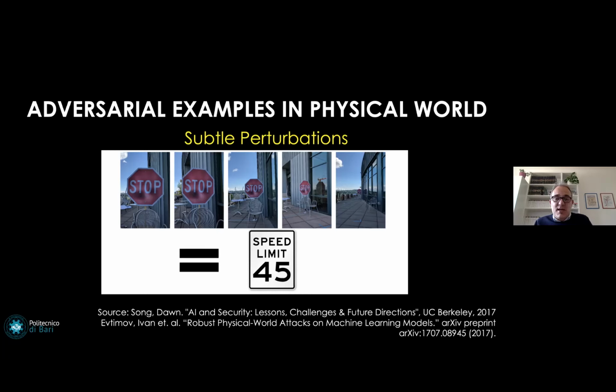But the point is that this misclassification is robust with respect to the distance from the signal, and also to, for example, the orientation of the image. Generally speaking, it is quite robust with respect to quite usual geometric transformations of the image itself.